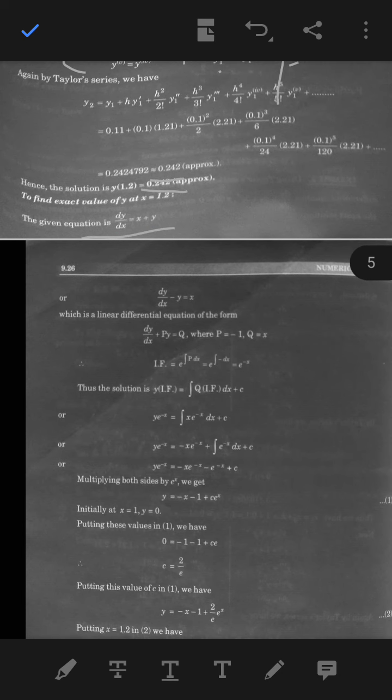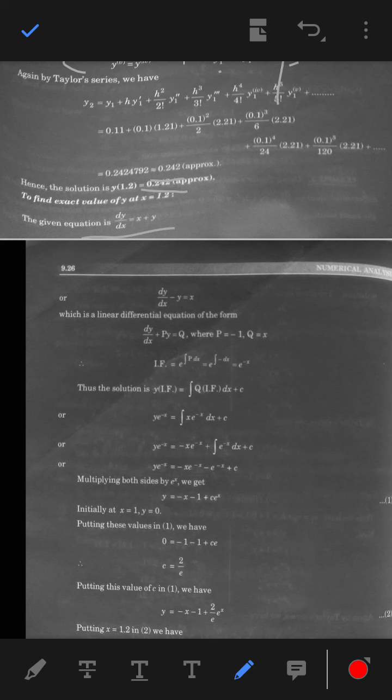Now our differential equation is dy/dx = x + y. We cannot solve it simply by variable separable or the homogeneous method; I think it is not so easy to apply here.